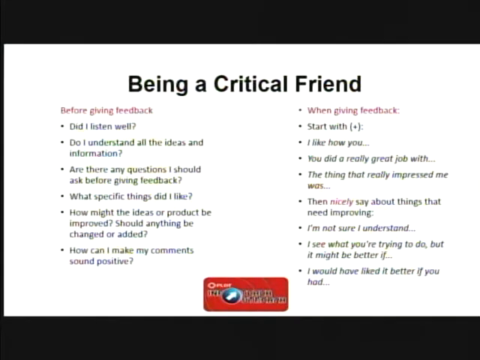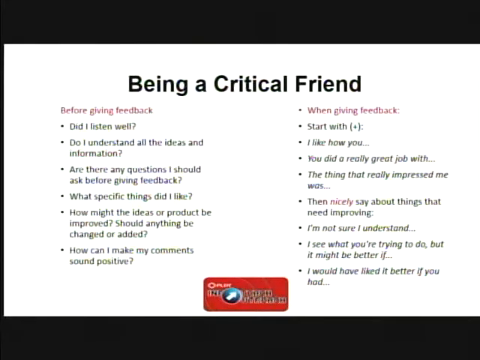Okay. In giving feedback, it is recommended that you have to cite first the good points, di ba? And then, afterwards, you have to point out what specific item that needs to be improved.